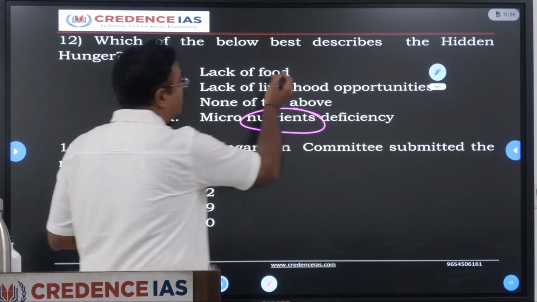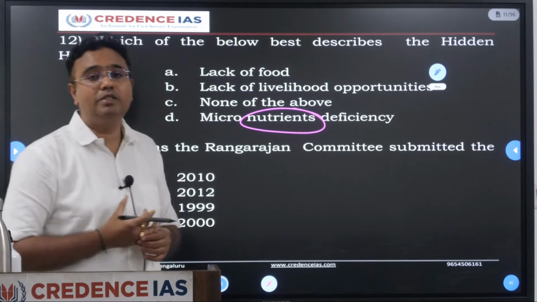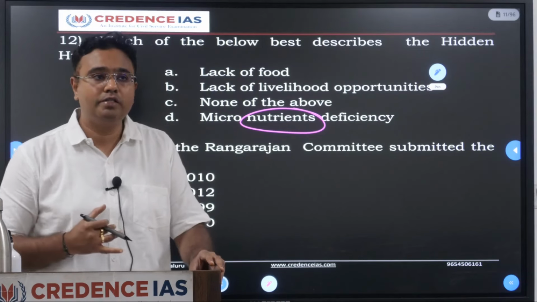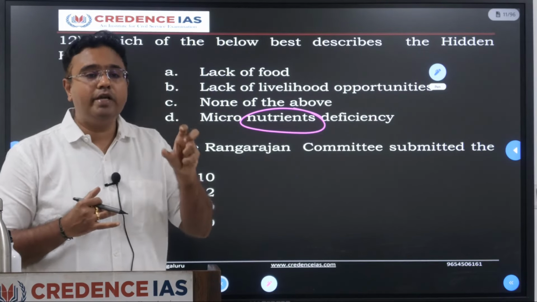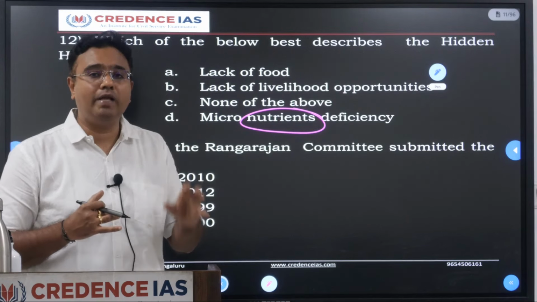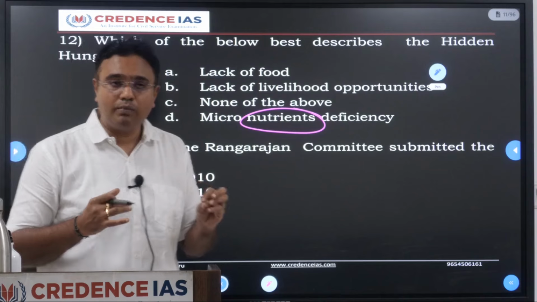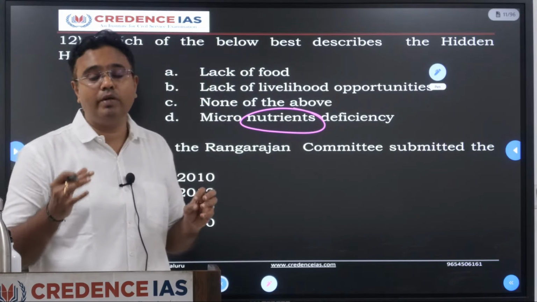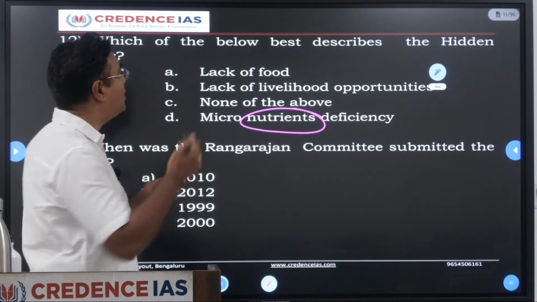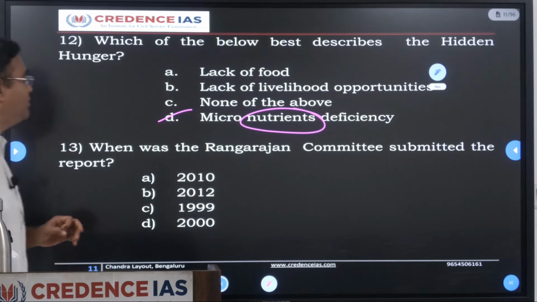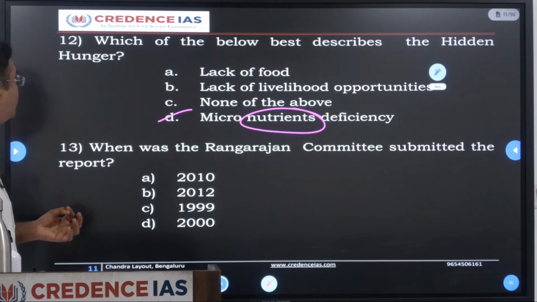No, because the foods you consume don't contain all the nutrients the body needs. The nutrients and vitamins which have to go to the body come through a balanced diet. You need to have fruits and vegetables, the healthy diet a person needs to consume. So what hidden hunger talks about is nothing but deficiencies with regard to nutrients. This is what we need to understand with regard to this question.